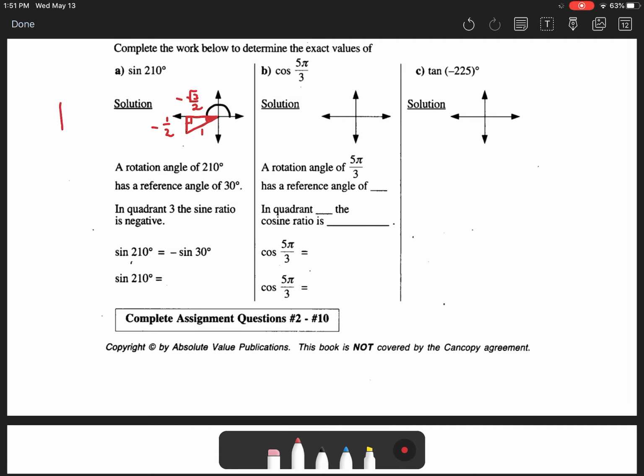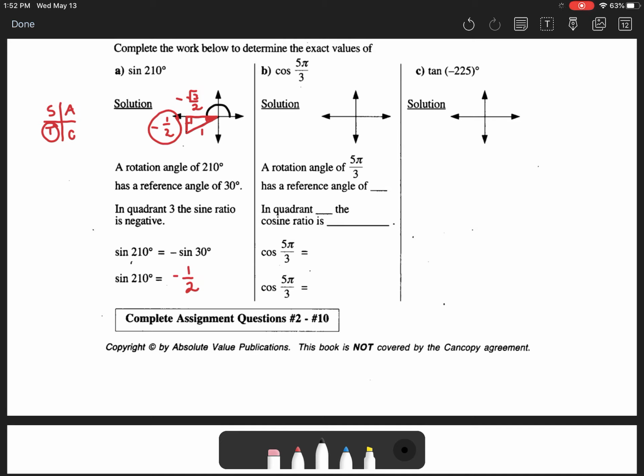In quadrant 3, sine ratio is negative, isn't it, right? And we know that, okay, because of our CAST rule, right? Here in quadrant 3, only tangent's positive. So the sine of 210 is the same as negative sine 30. So sine of 210 is going to be negative 1/2. Okay, there you go. It's just that value right there. That's all that they're talking about.